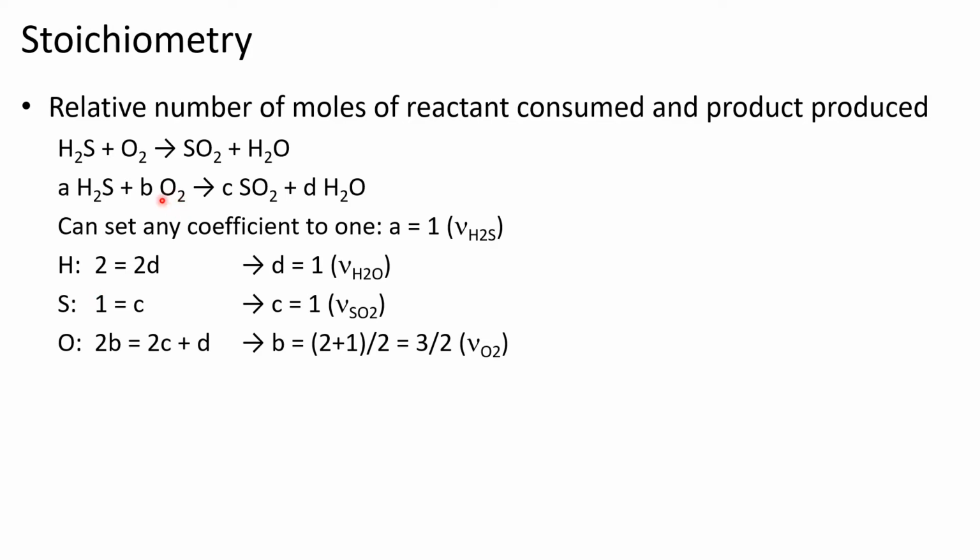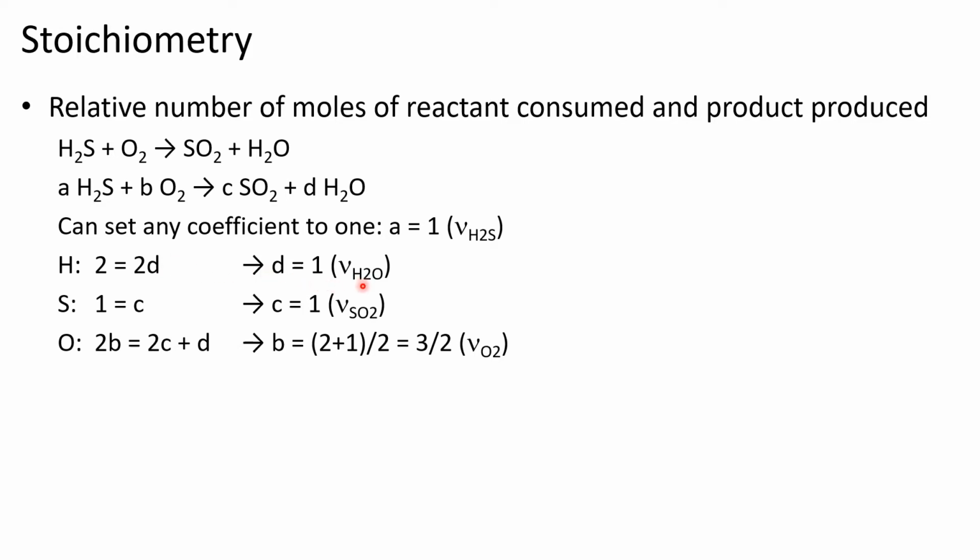There's no hydrogen present in the oxygen, so we don't add anything to the 2. We set this equal to the number of atoms of hydrogen that are present on the right-hand side in the products. There's no hydrogen present in the sulfur dioxide, but there are 2 atoms of hydrogen in water, which we'll multiply by D in order to set the total number of atoms of hydrogen in the reactants equal to the total number of atoms of hydrogen in the products. This gives us an equation for D we can solve, and we find that D is 1.